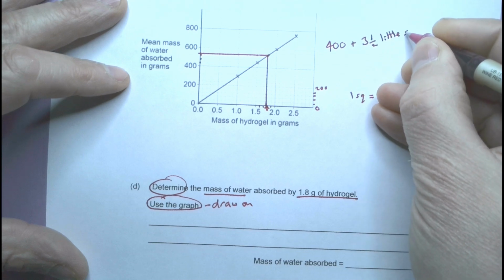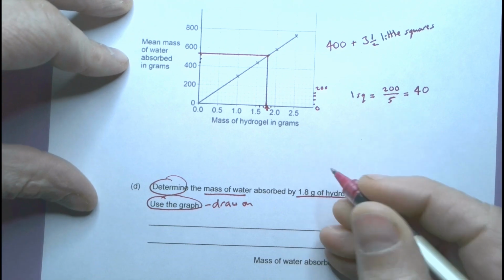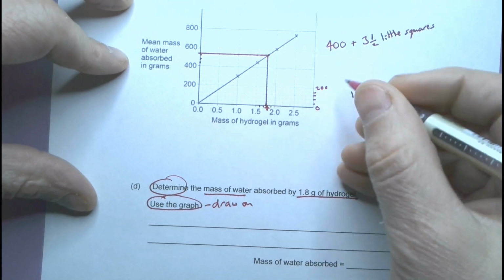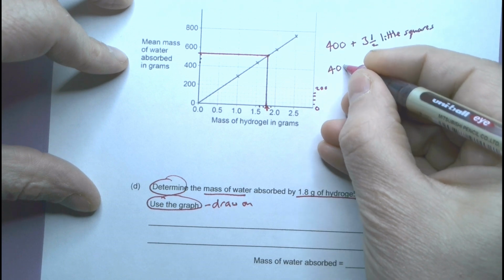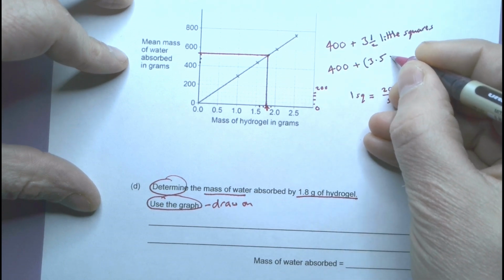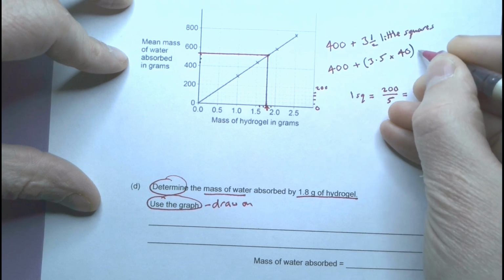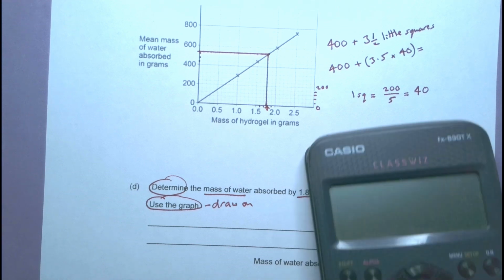plus I reckon about 3.5 little squares, and I know that each little square is 40, so 3.5 times 40. Where's my calculator?